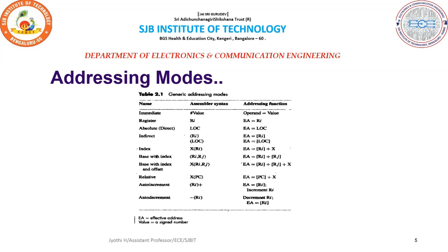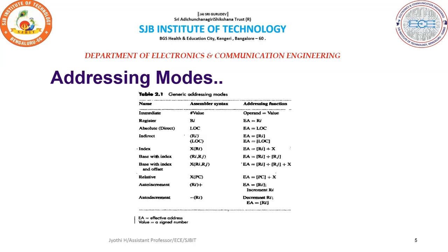Next is the index addressing: X comma Ri, so Ri plus X will give the address. Base with index addressing: Ri comma Rj is Ri plus Rj, which gives the address. Next is X of Ri comma Rj, base with index and offset: Ri plus Rj plus X gives the address.